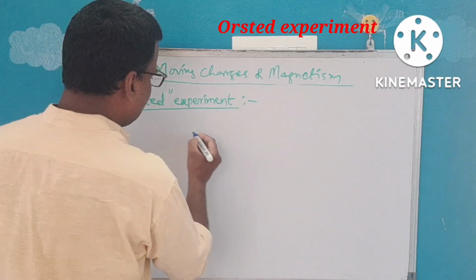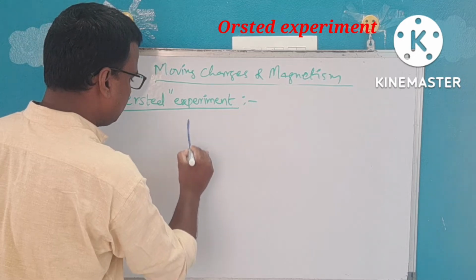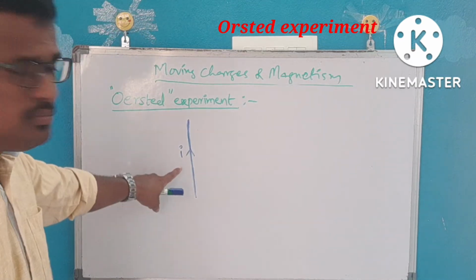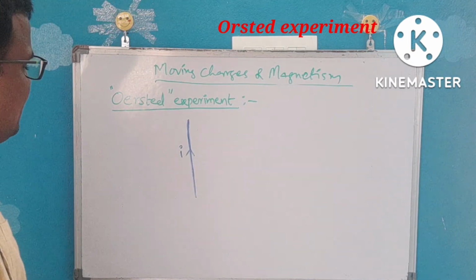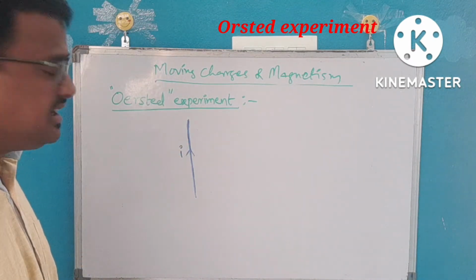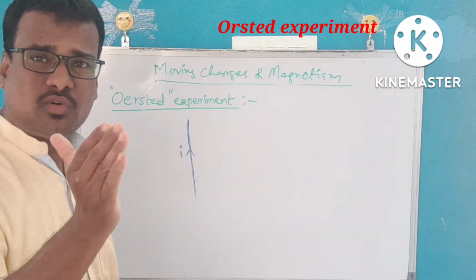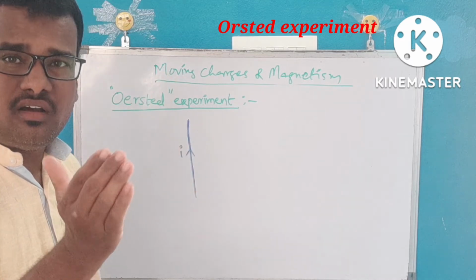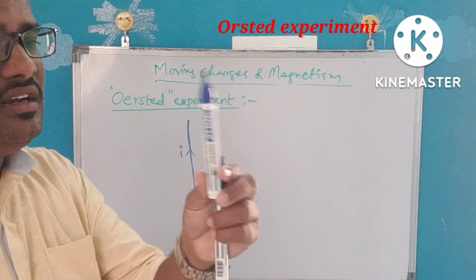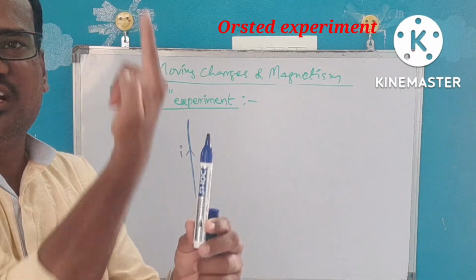For example, this is a current carrying conducting wire, and the current flows in this upward direction.